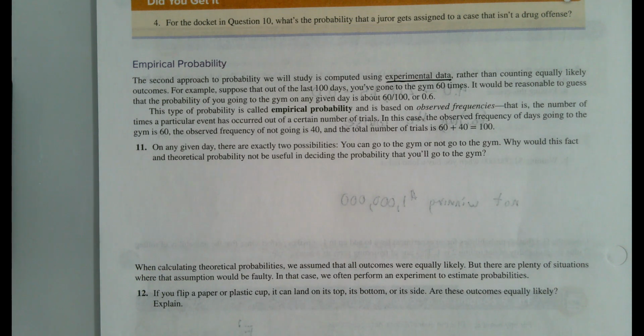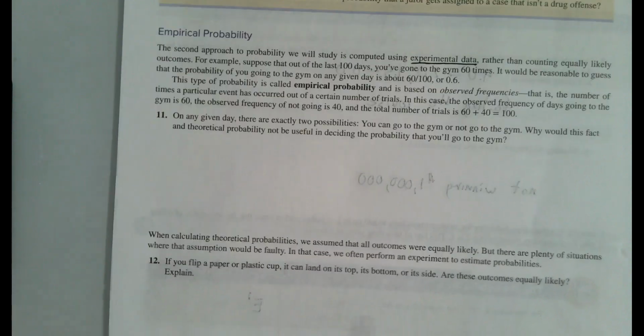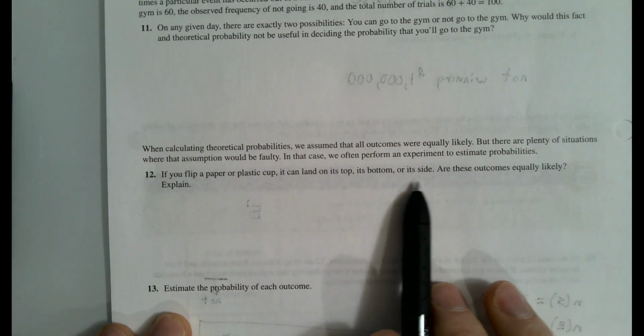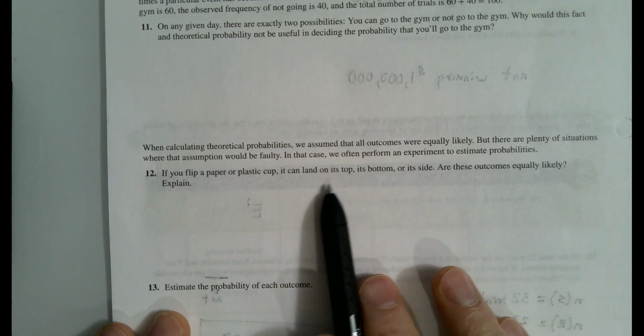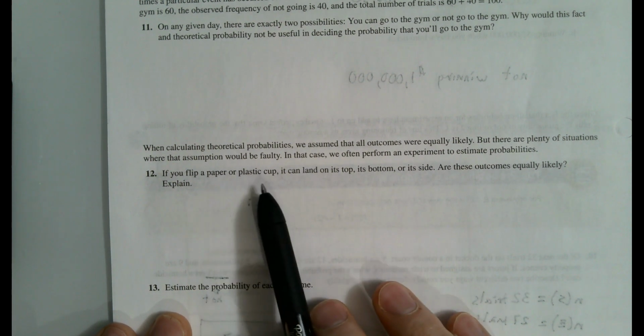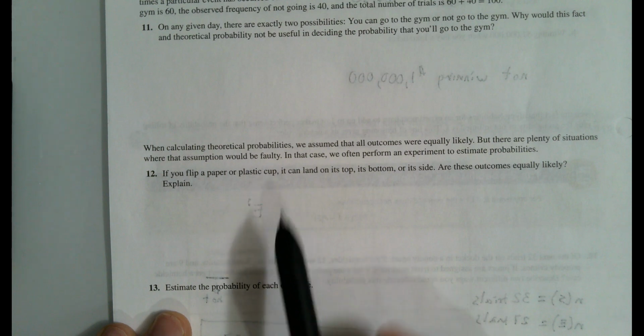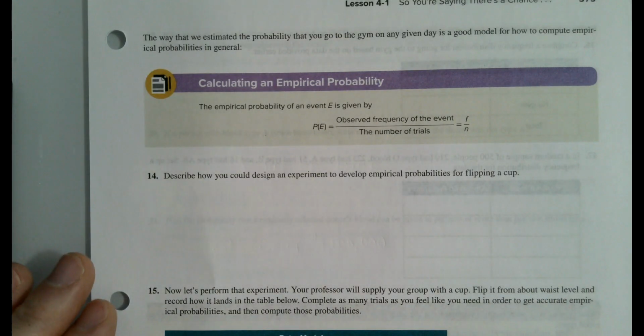So we use current population data to decide how many sections to create. You could try this on your own. You could flip a cup and keep track of how many times the plastic cup landed side up or side down, and then create some empirical probabilities.